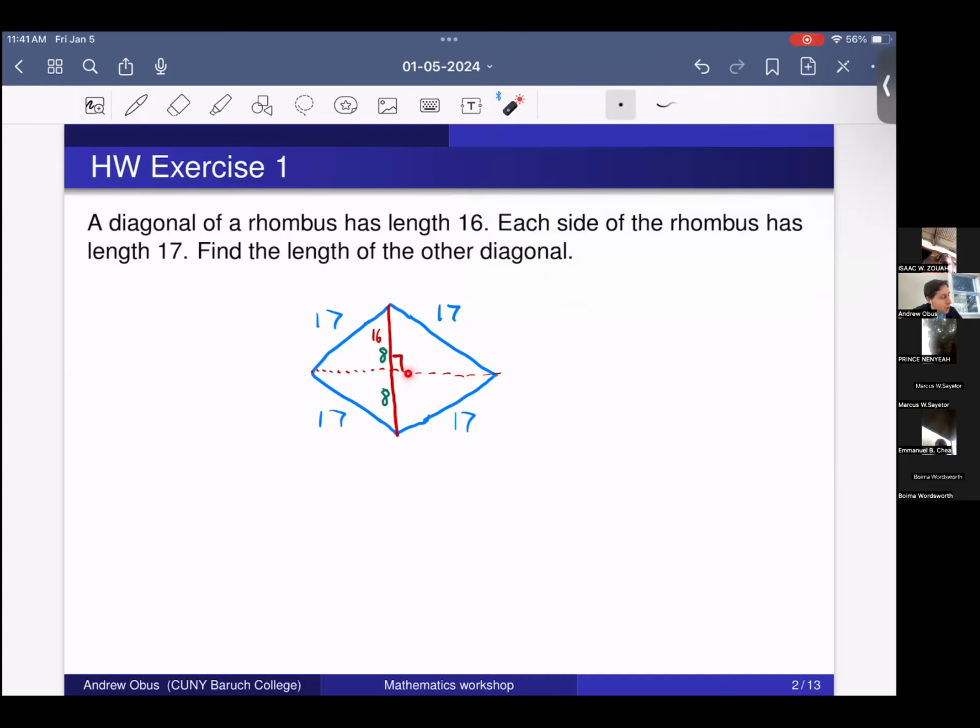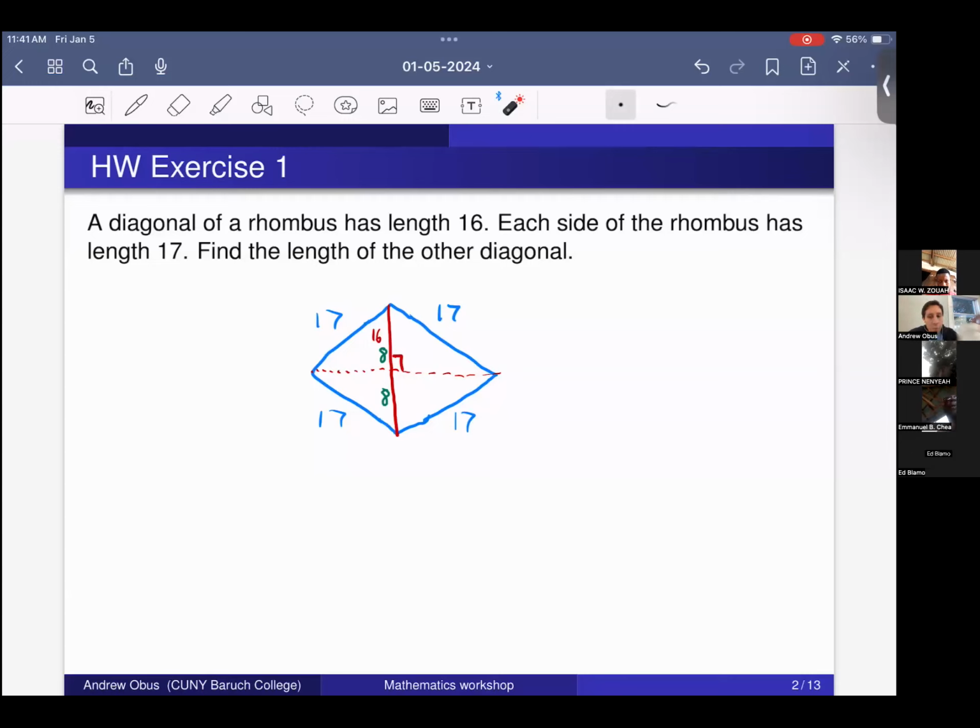We want to find how long the full diagonal is, so maybe we start by finding how long this part of the diagonal is, which is half the length of the entire one. How would we find this length, say, half the diagonal?